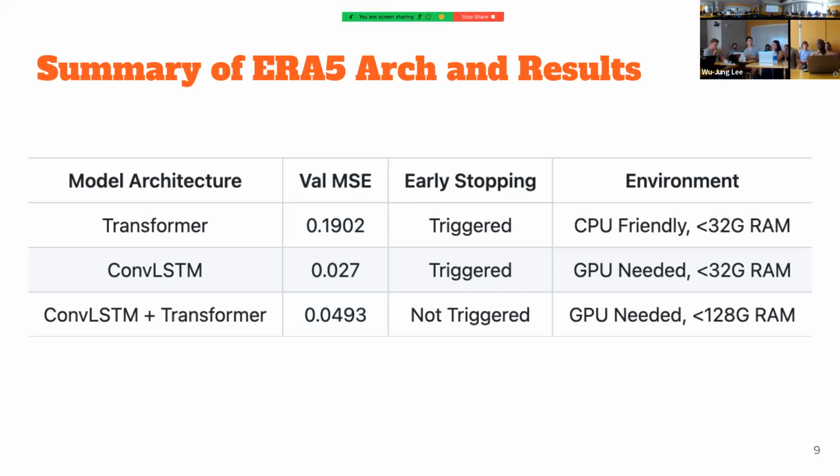I would say CPU is enough to handle two-dimensional computation, but if we're using additional dimensions, then a GPU would be needed. And whether you are using CPU or GPU only influences the speed of training the model. If you are using another dimension, you also have to increase the RAM, otherwise you will get a crash. Alex, one of the team members, developed a script that makes it possible to run on low memory machines.